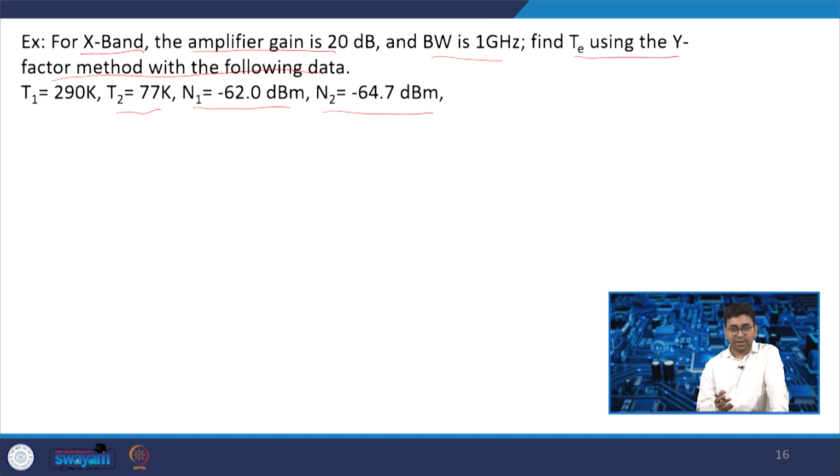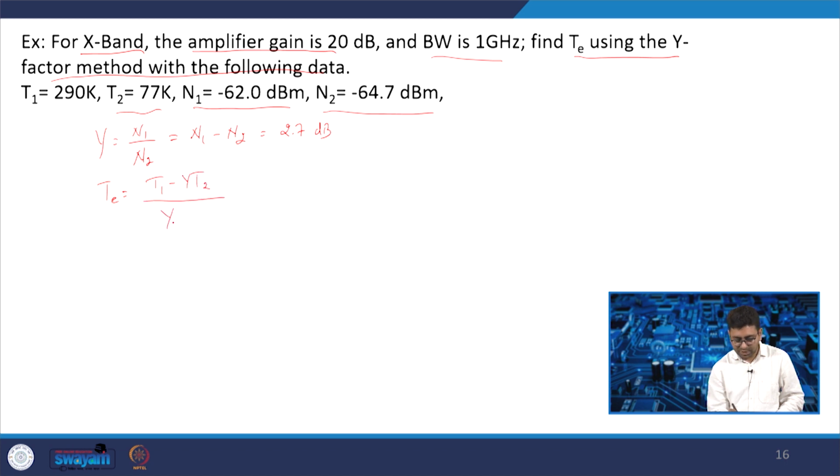Now, you are interested in finding the equivalent temperature Te. First of all you get Y, which is N1 by N2. If you write it in dB, it is N1 minus N2, and you will roughly get the value of 2.7 dB. Then you use the equivalent temperature equation, Te equals (T1 minus Y T2) by (Y minus 1).